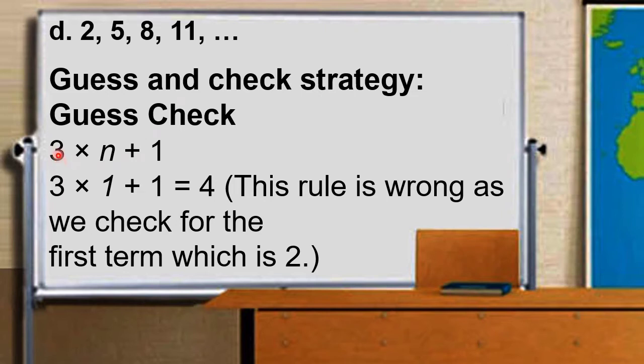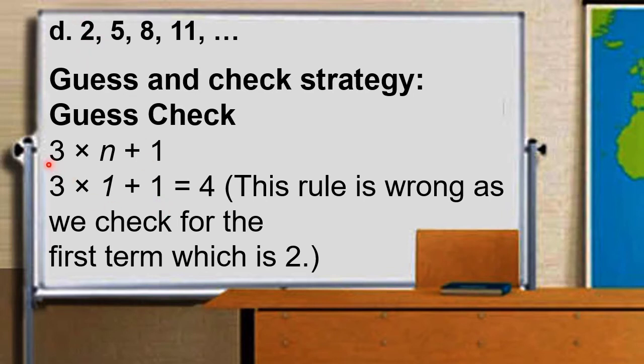So, we have 3 times n plus 1. So, 3 times 1 plus 1 is equals to 4, which is wrong kasi 2 ang first term natin.